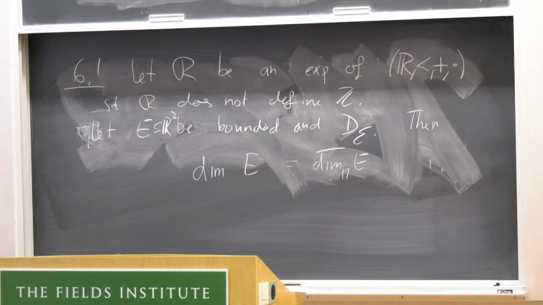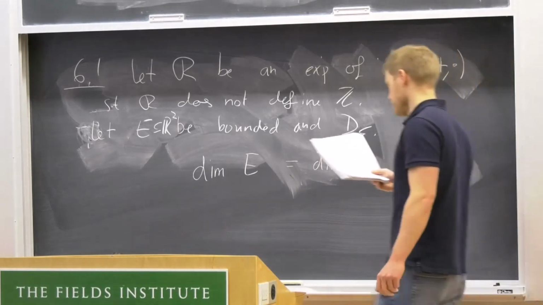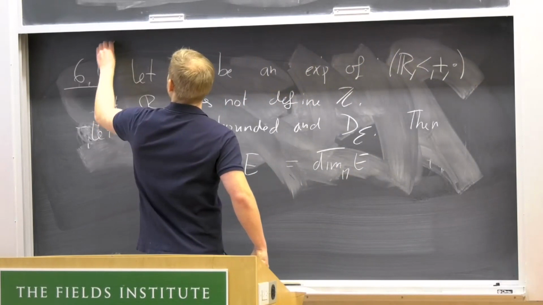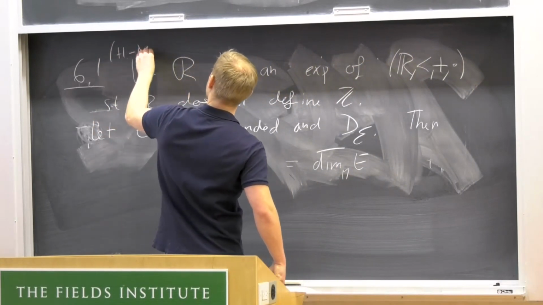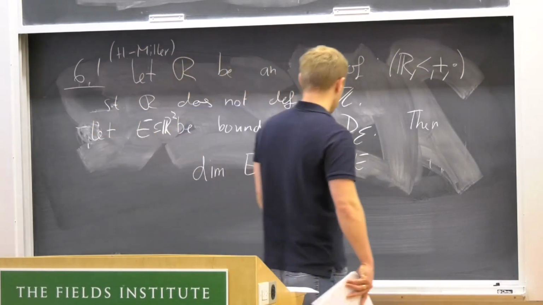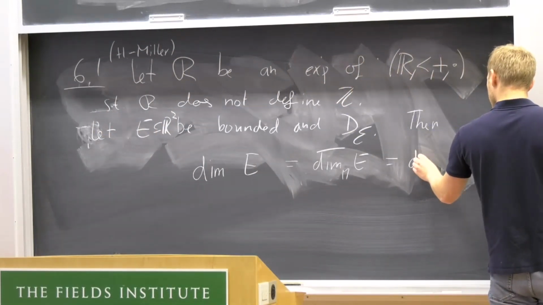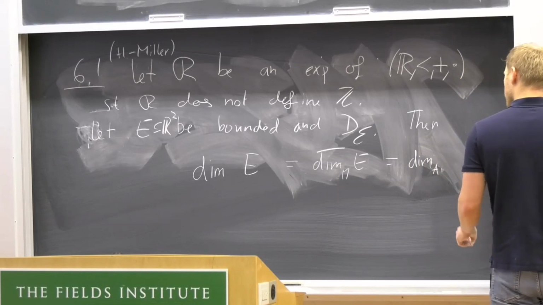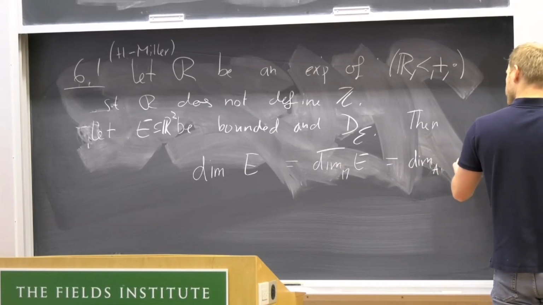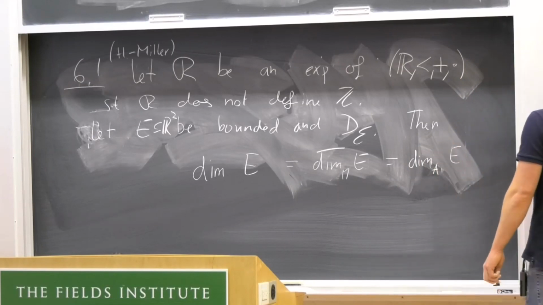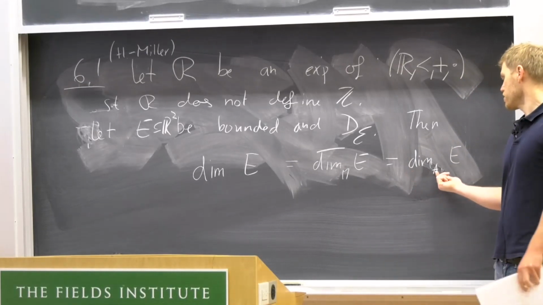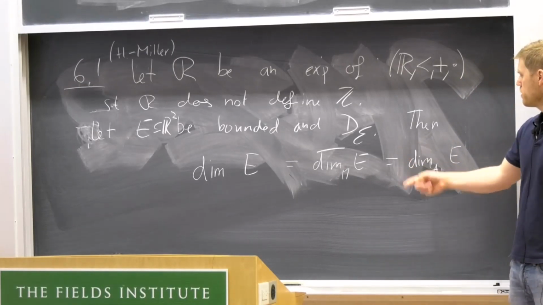In the paper, we actually prove this. So this I should say is with Chris. We show this actually, there's something I mentioned before, but I don't want to go into this. There's this uniform Minkowski dimension, which is called the Assouad dimension, which is a priori larger than the upper Minkowski dimension.